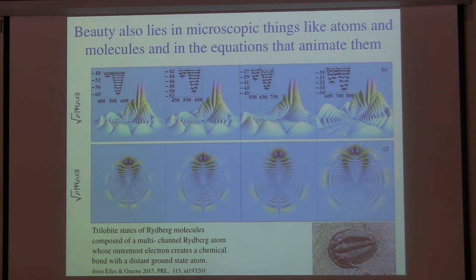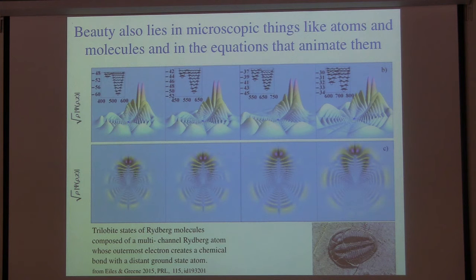And so these contours in the population density, when you take a slice through them, look like the fossils of ancient organisms called trilobites.